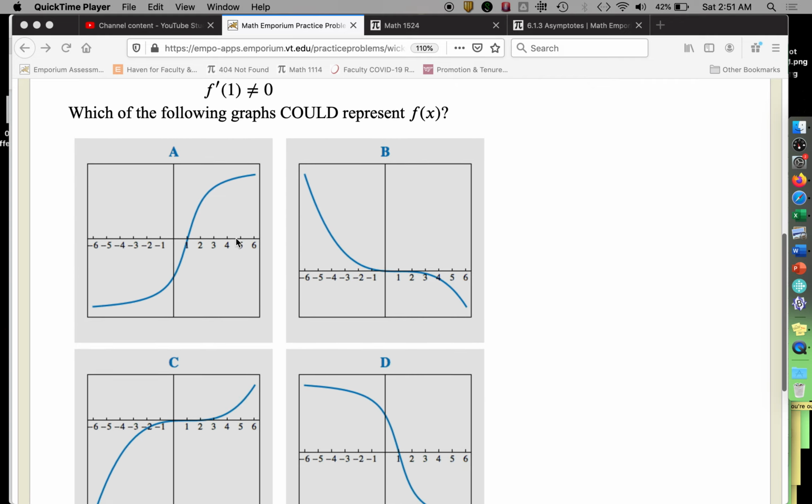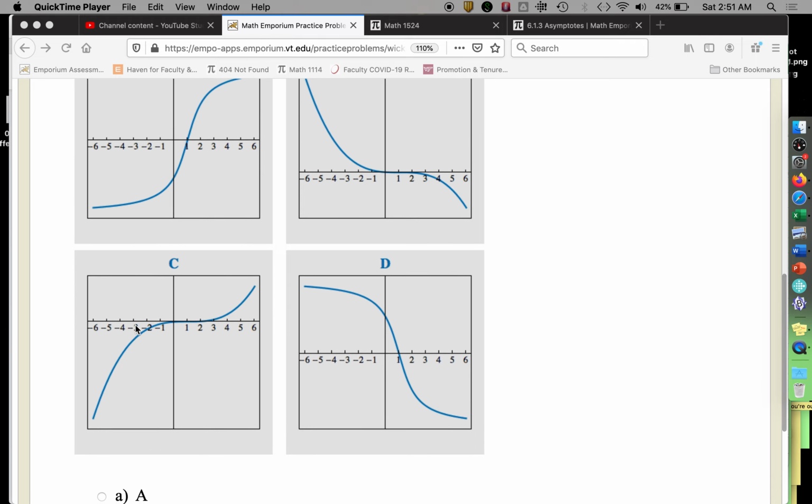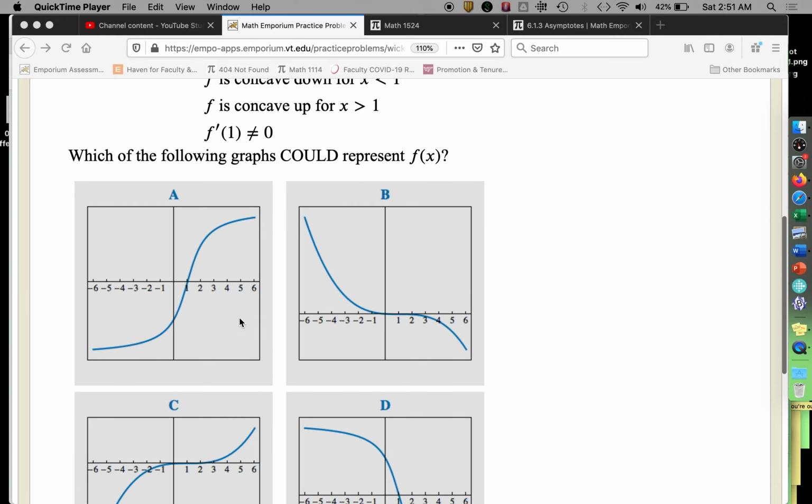There should be a way that I could draw a tangent line at x equals 1, like in graph C. If I drew the tangent line at x equals 1, it would be a horizontal line with a slope of 0. But statement 3 didn't say that it equals 0, it said it's not 0.